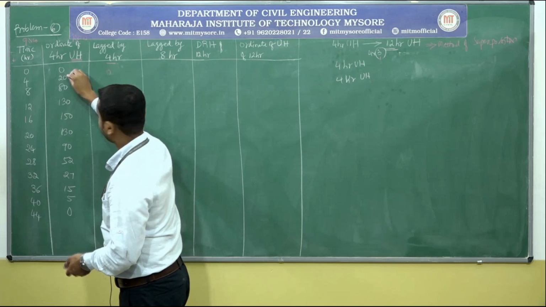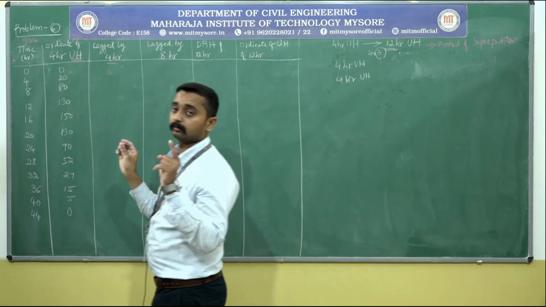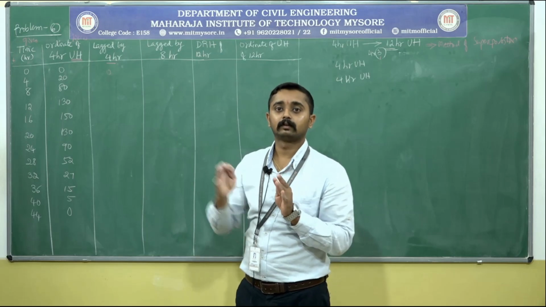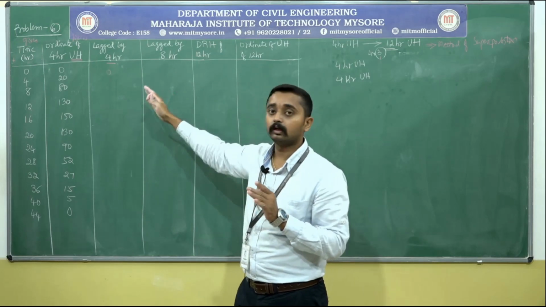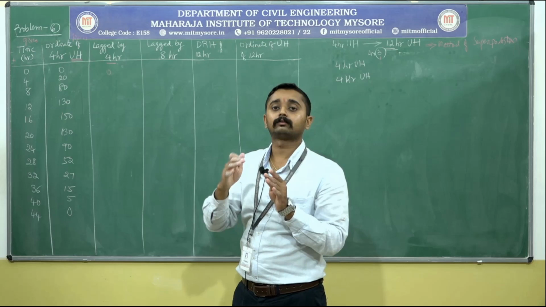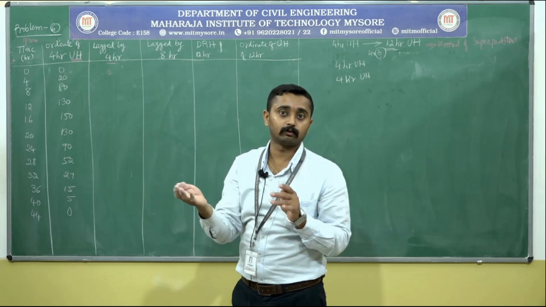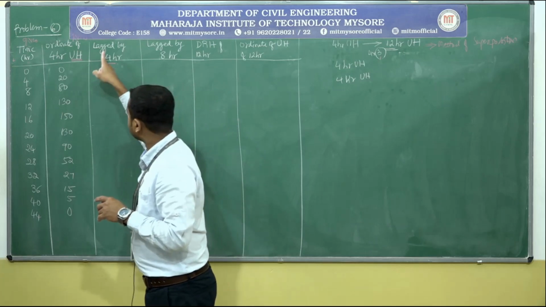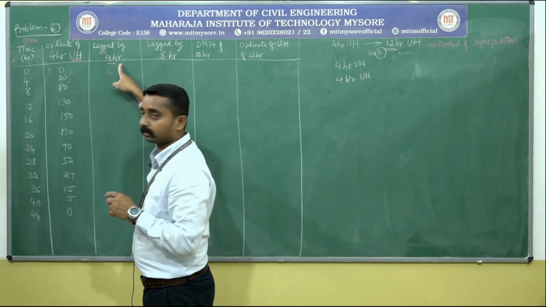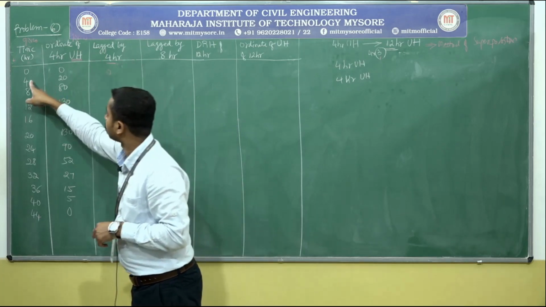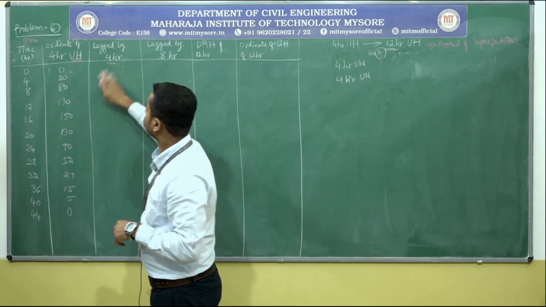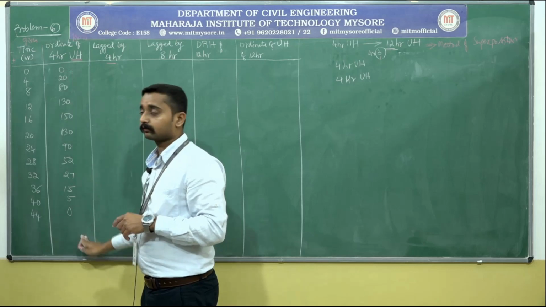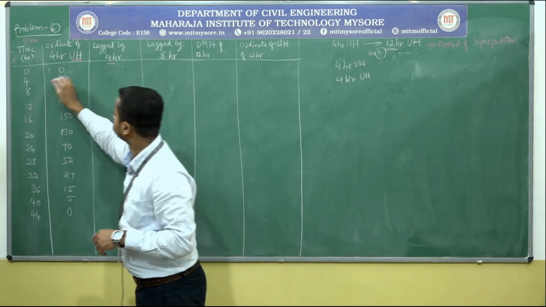Please refer to the previous session on converting the unit hydrograph into different durations of unit hydrograph. So the first value is lagged by 4 hour, start from 4 hour. Same unit hydrograph is lagged by 4 hour.